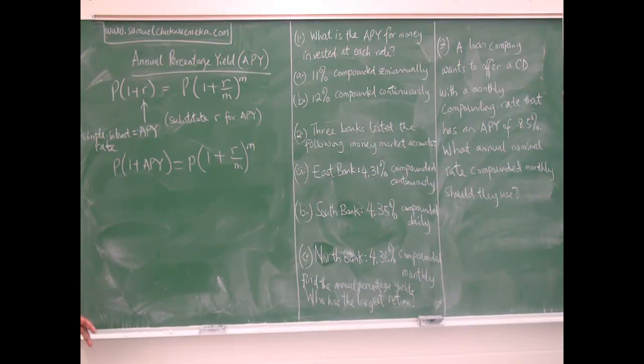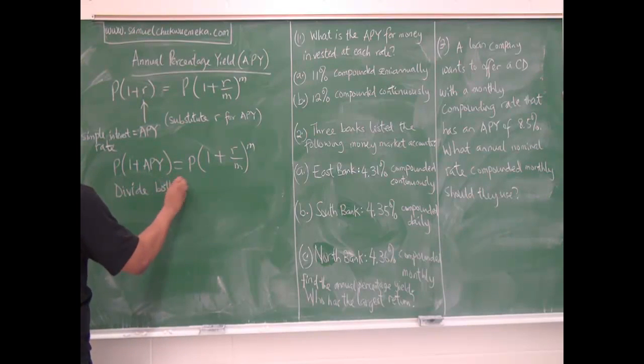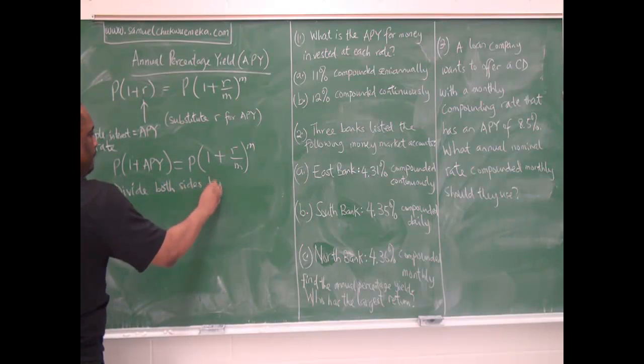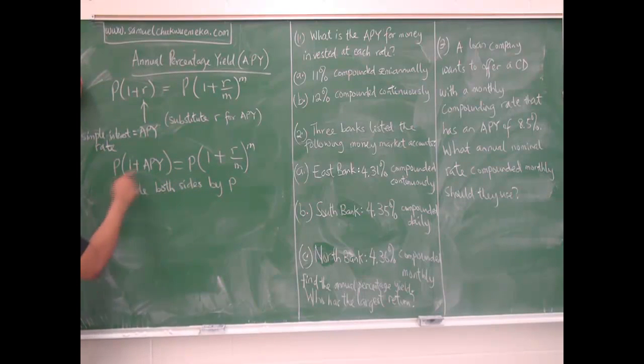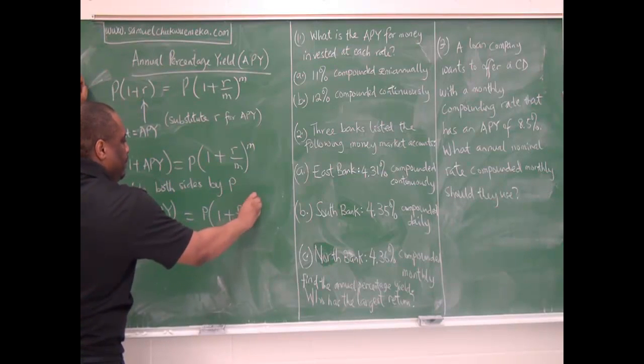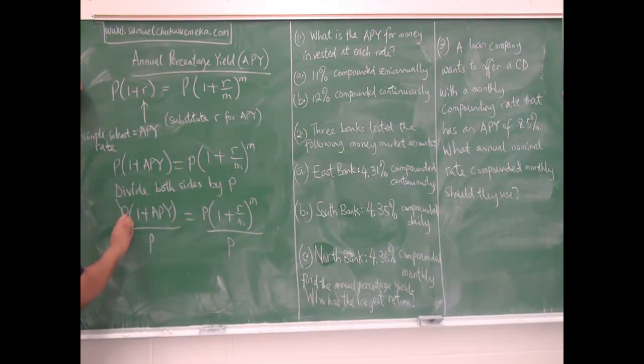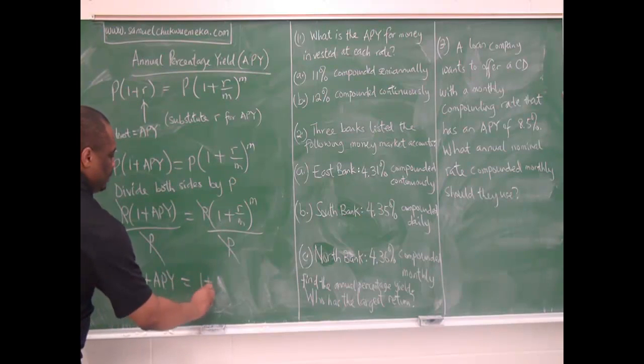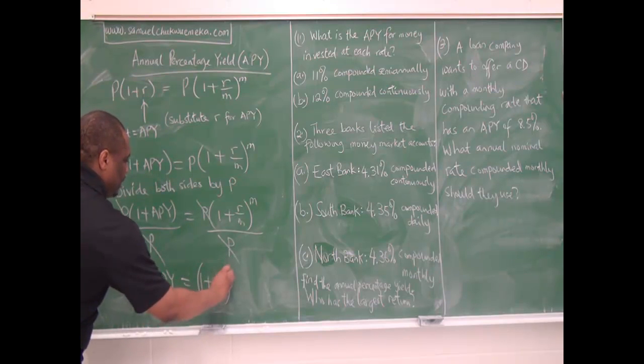Divide both sides by P. When you divide both sides by P, P(1 + APY) divided by P will be P(1 + R/M)^M divided by P. So P will cancel P. So you have that 1 + APY is equal to (1 + R/M) all raised to power M.